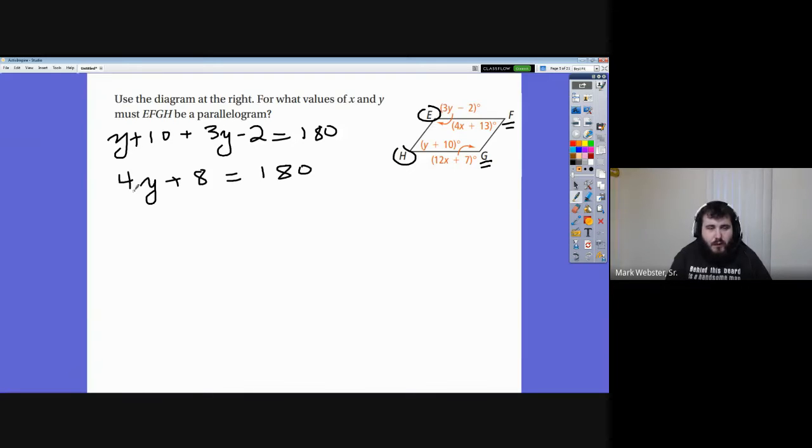Right, the y and the 3y make 4y, the 10 and the minus 2 make 8. Subtract, you know, minus 8 from both sides, right?